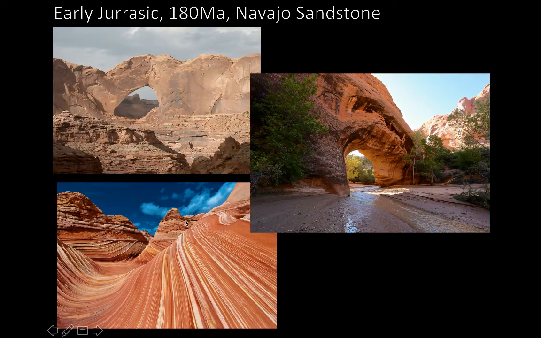These lines represent parts of dune deposits that were then eroded and more dunes deposited on top of it, etc. There are a number of arches. This is called Stevens Arch. This one I don't remember the name, but there are a number of arches within the rock layer of the Navajo sandstone, which is this one.